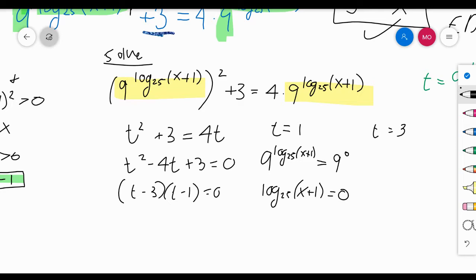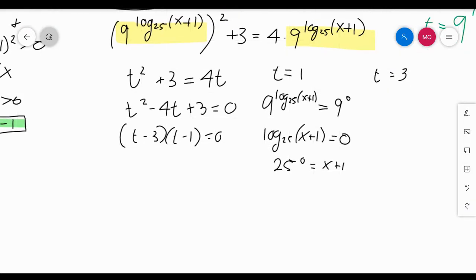Let's rearrange that using our definition of log. So we get 25 to the power of 0 equals x plus 1. Okay, so 25 to the power of 0 is just 1. So 1 is equal to x plus 1. So x is equal to 0.